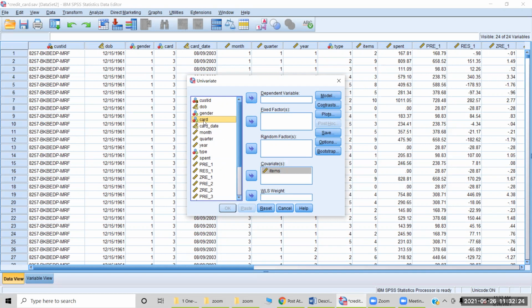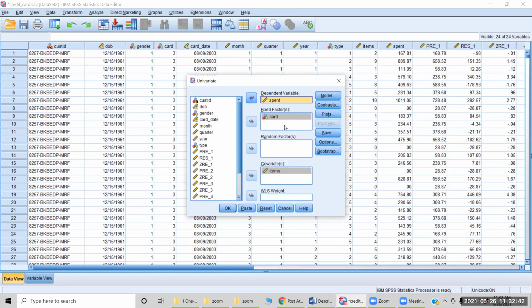We are using credit card as a fixed factor, or categorical variable, and items as a continuous variable, and our dependent variable is total spending. If we use only this much, then we will be focusing on simple ANCOVA.